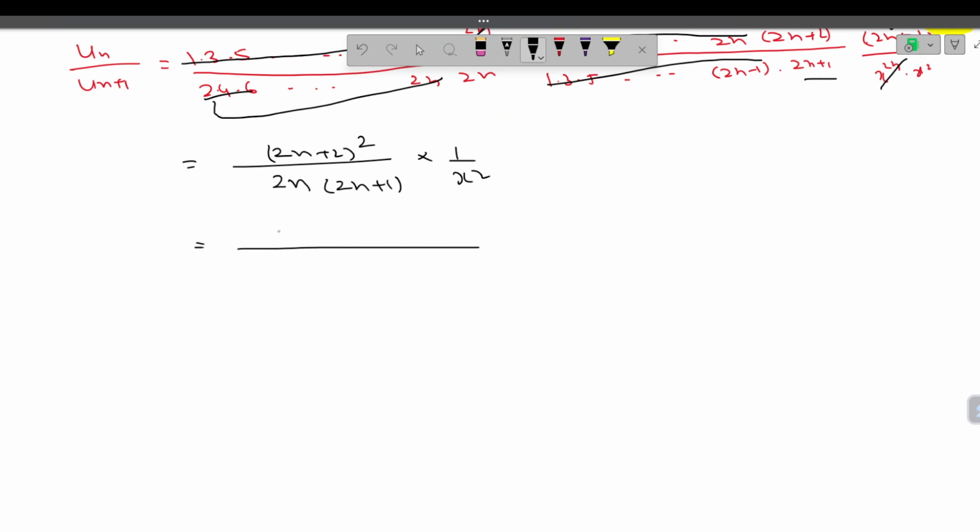What we are doing here: 2n square taken common, so 1 plus 1 by n square. Here if you take 2n square common, 1 plus 1 by 2n into 1 by x square.